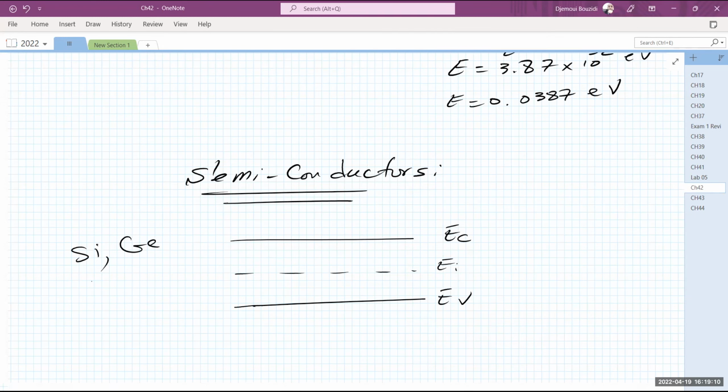You look at the carbon in the periodic table, you have carbon, then you have silicon and germanium, and those are in the 4th group. In other words, they have 4 electrons at the outer shell to participate in bonding, just like carbon, with the exception that carbon, the diamond that I was talking about, is an insulator. But these have a small gap where this thing can become significant.